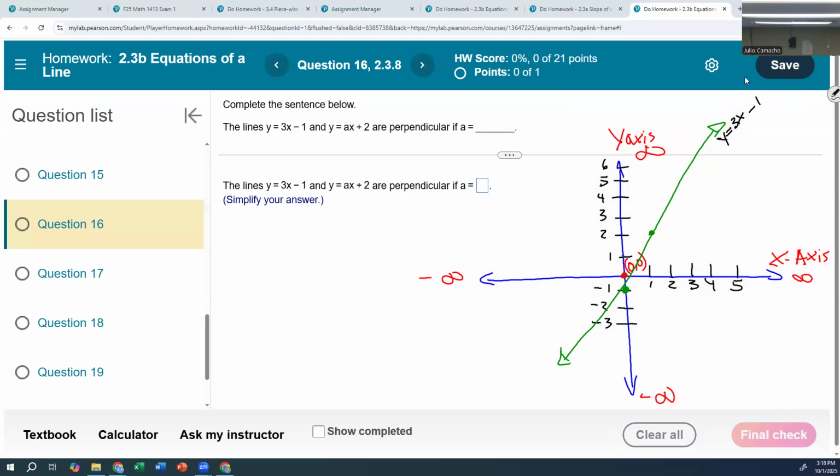We can use more algebra to find the other line, but a simple way is to understand that the perpendicular slope is always the opposite reciprocal.